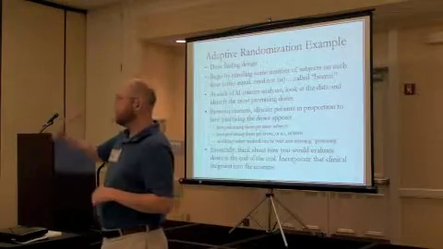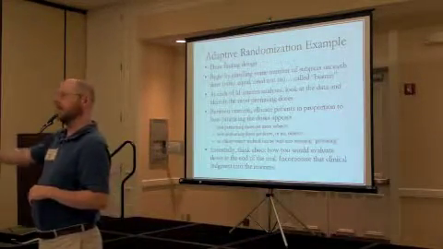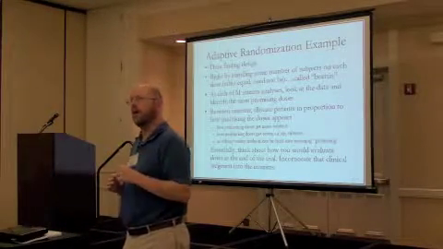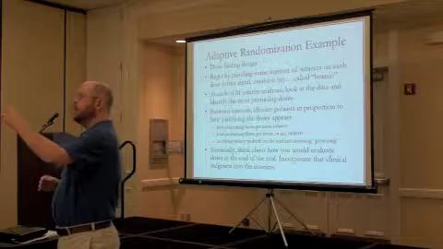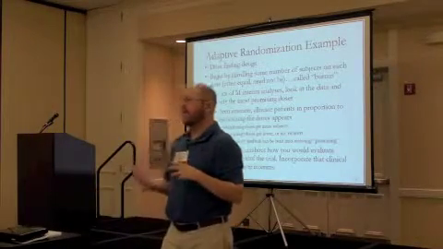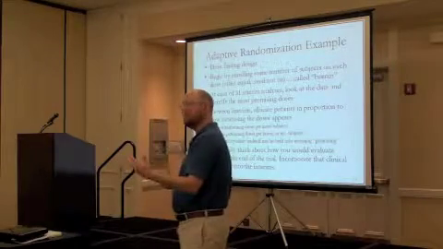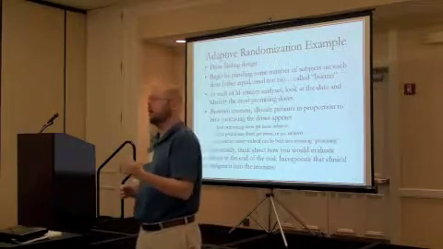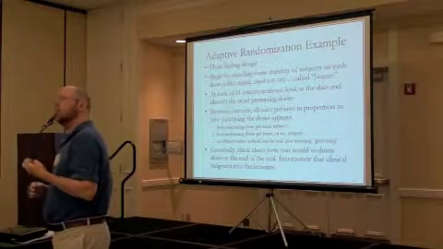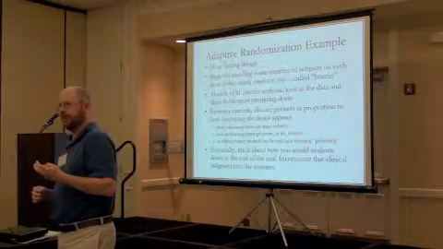Then what I do is I start looking at the data periodically. And what I did in my first example is often called an arm dropping example. You look at it and you say, these 2 doses are bad, get rid of them forever. In adaptive randomization, you look at the doses and you say, which ones are the most promising, which ones are the least promising. And what you do is you change your allocation probabilities.